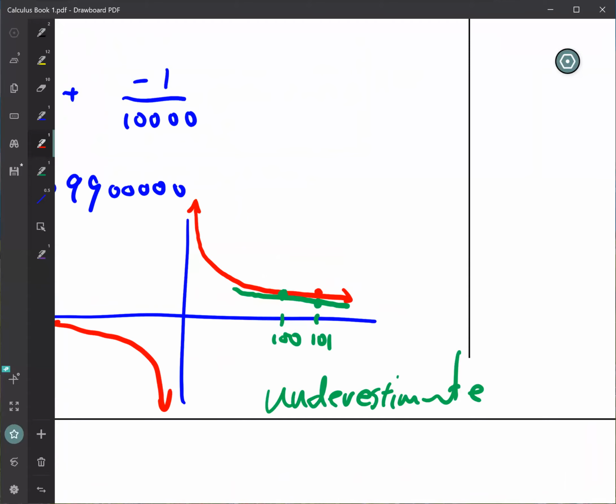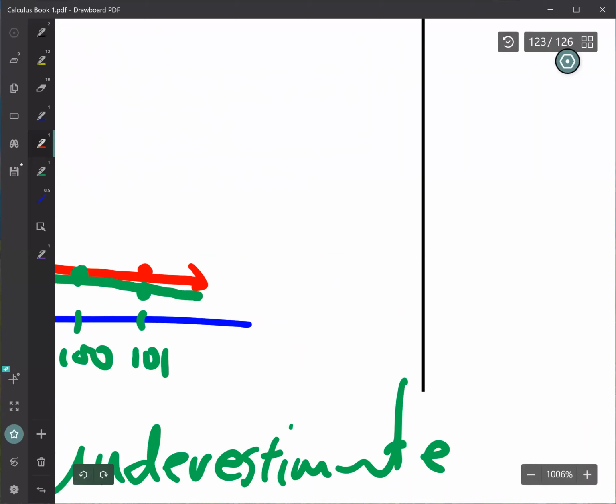But if I zoom in and I just look at the green and the red, if somebody who's not here today just walks in and looks at these two lines and I ask, which one is the curved line? Which one is the straight line? They won't be able to tell because they both look like straight lines. So this is called linearization.